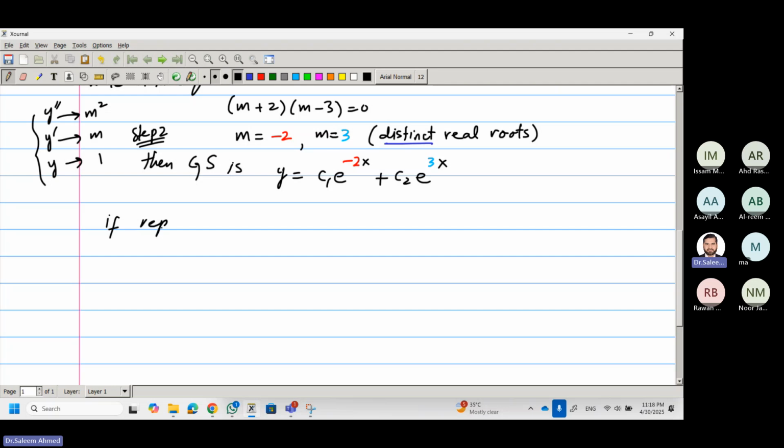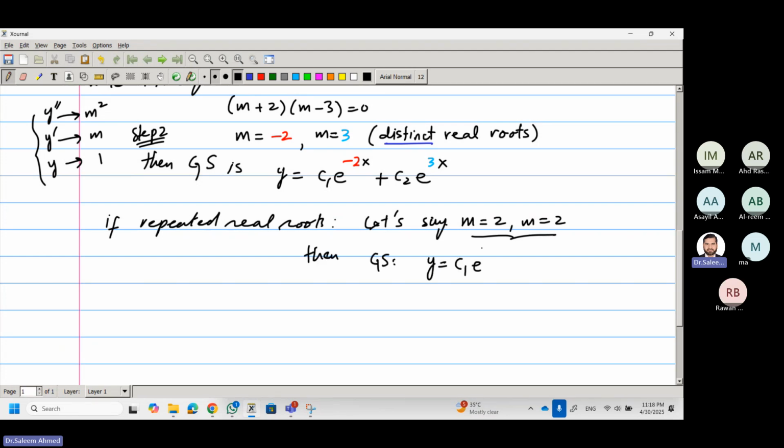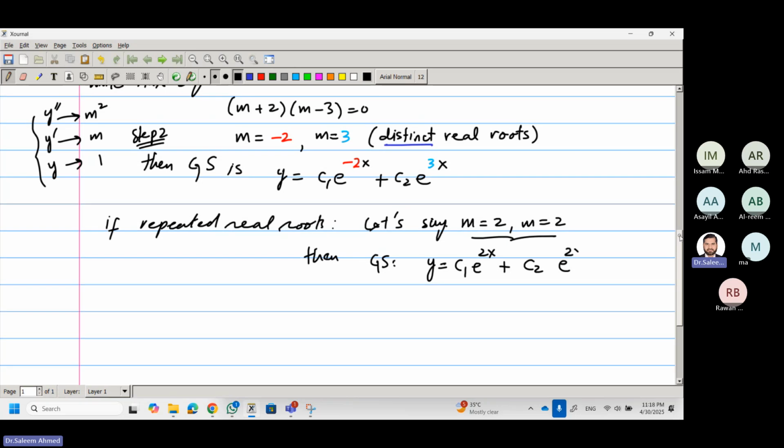If you have repeated real roots, not distinct, let's say you solve the auxiliary equation and you got m equal to 2 and m equal to 2. They are both the same, so your general solution will not be c1 e to the power 2x plus c2 e to the power 2x.